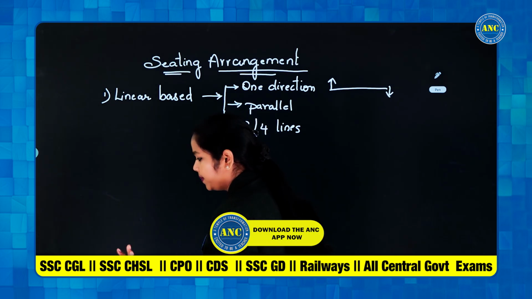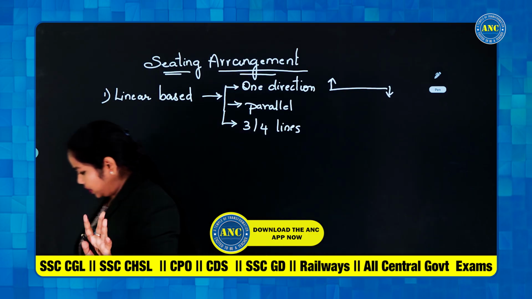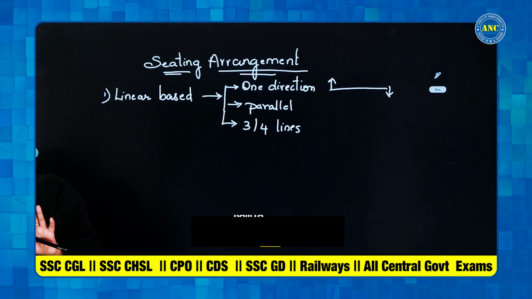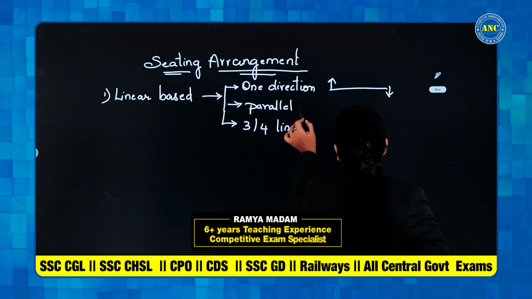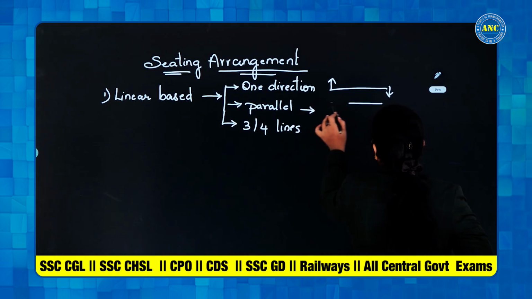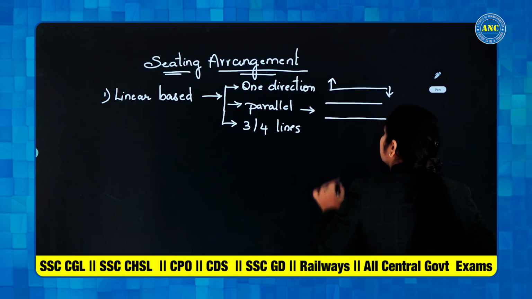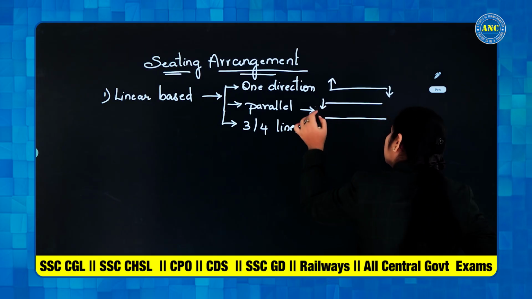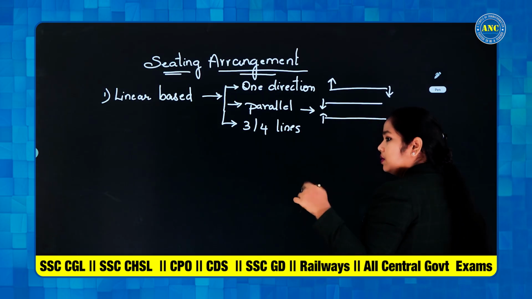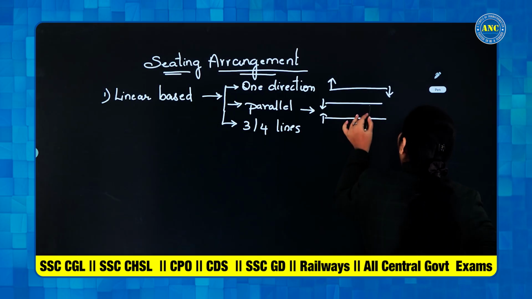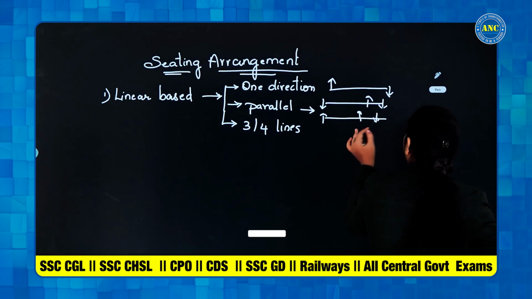Please confirm if my voice is clear. Next, if you see parallel, what does that mean? We'll have 2 rows. In one case, these people will be turned towards south and these people towards north. In a second case, both rows face north only or both face south only.